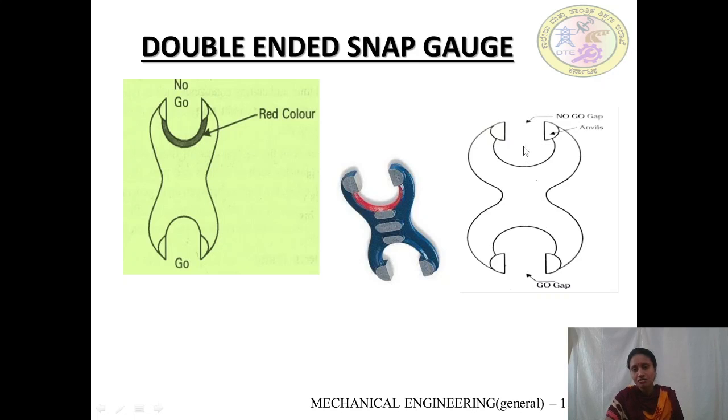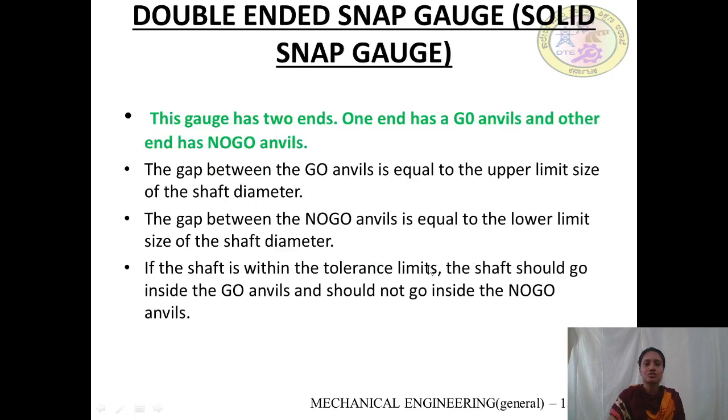If the shaft is going inside this no-go gap, it means the shaft is manufactured to a size less than the lower limit size of the shaft. So this is about the double-ended snap gauge.